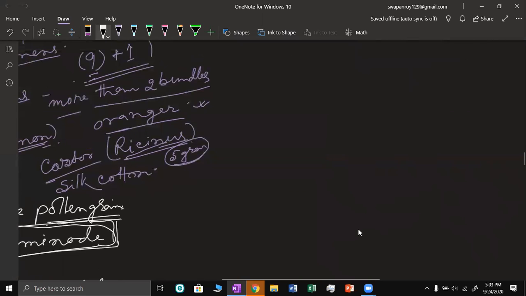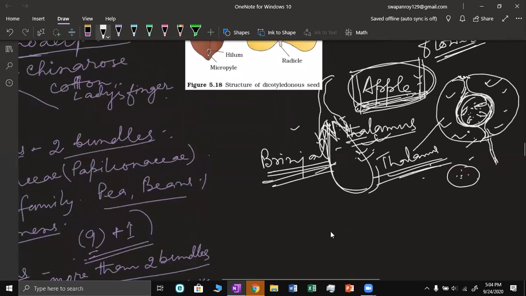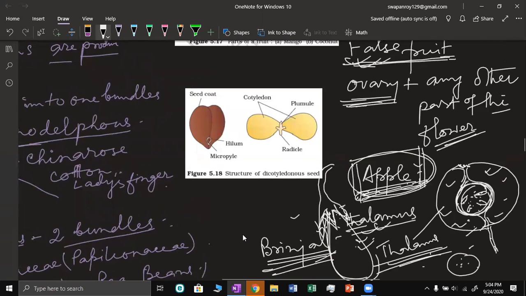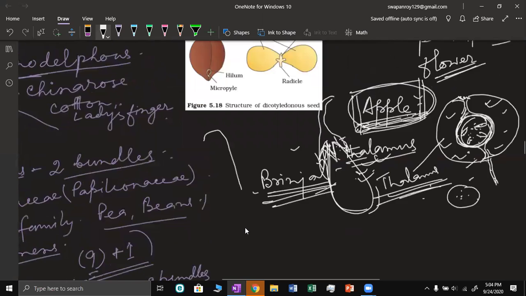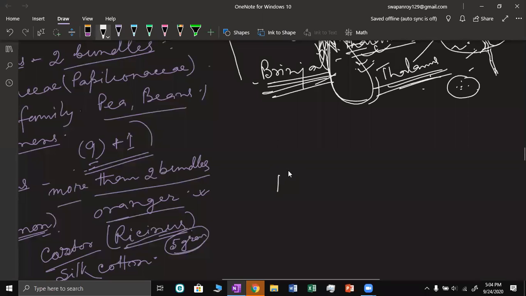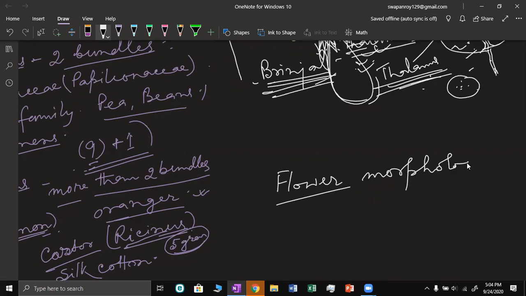So those are the false fruit and true fruit. This we have in the revised syllabus. In your revised syllabus, it is from plant morphology, and flower morphology is there. For this year, due to corona, classes are not going on and normal schools and colleges are not open, so the syllabus has been reduced.